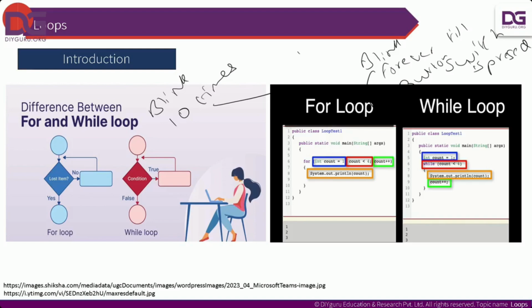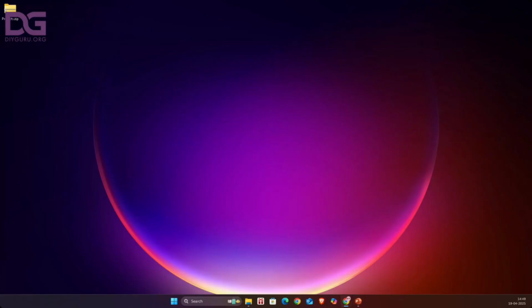So these are the two types of loop. Now we're going to see in coding how we are able to create a for loop and a while loop.